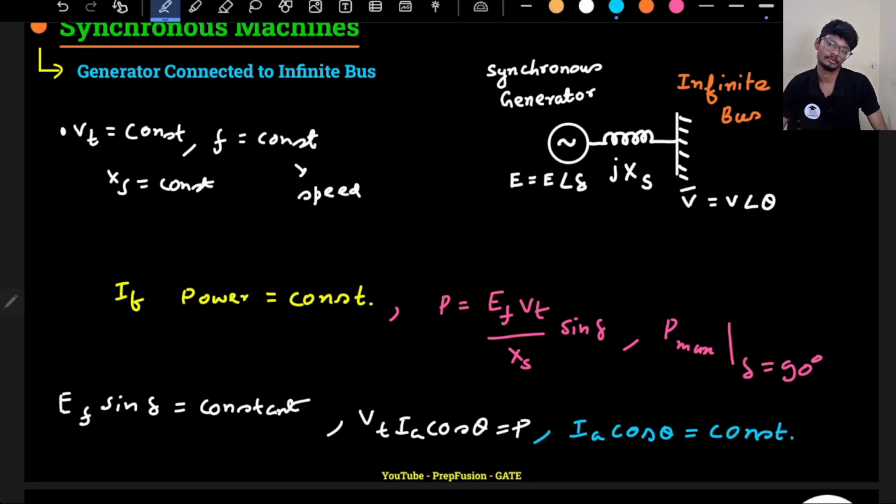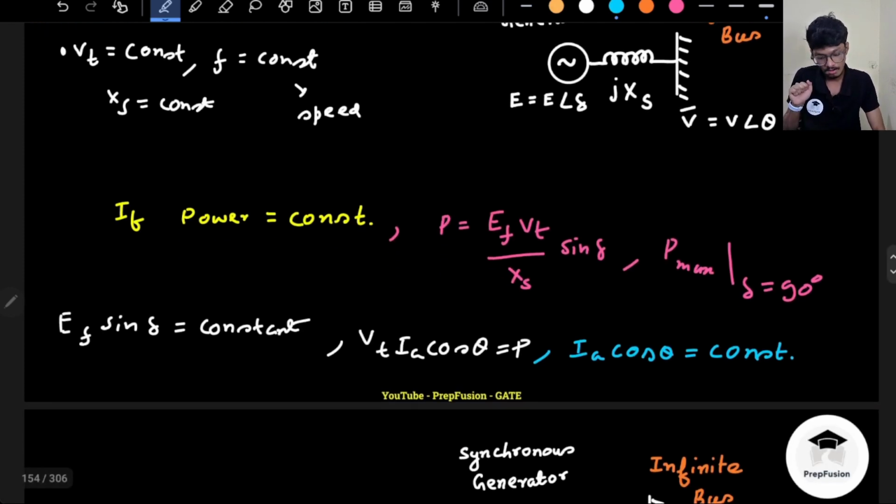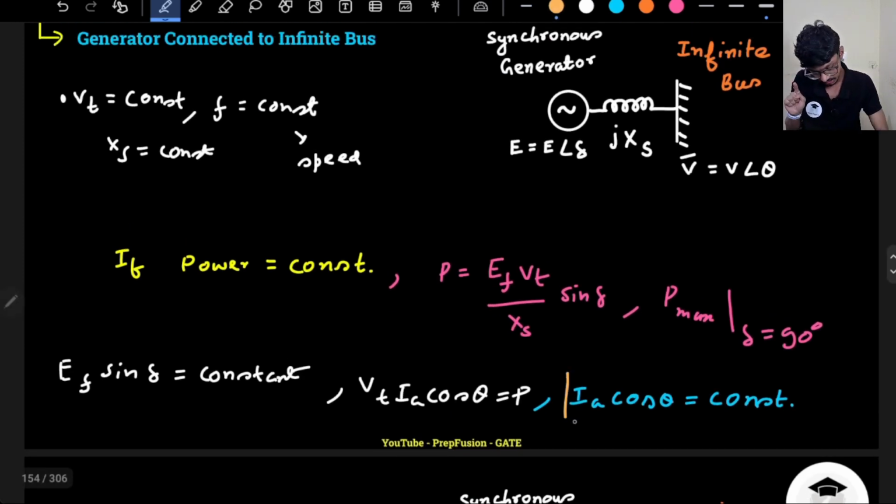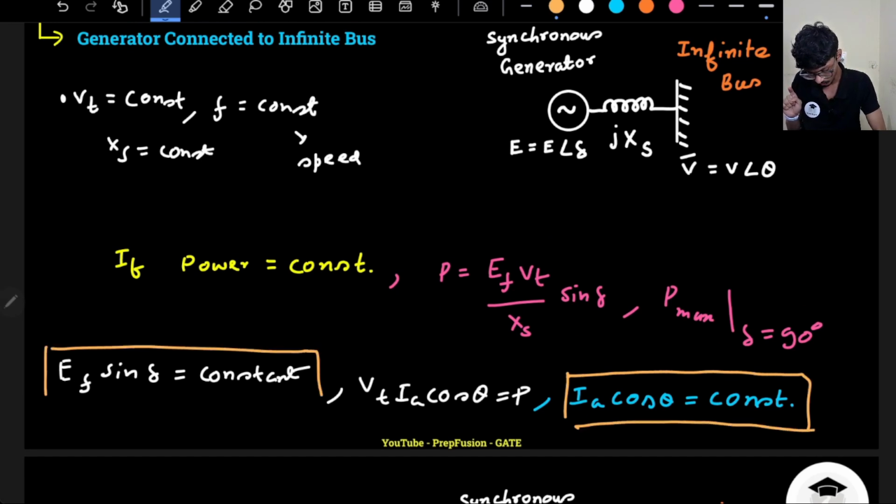So these will be constant: Ia cos theta and EF sine delta.